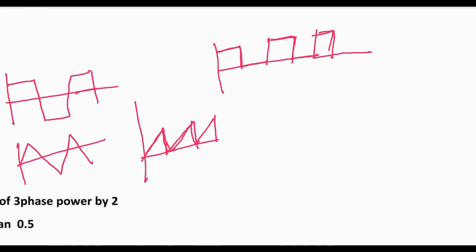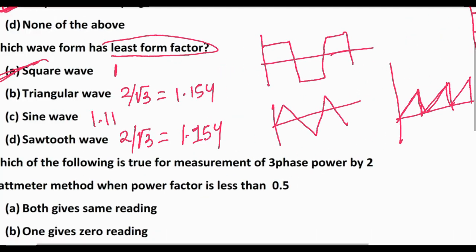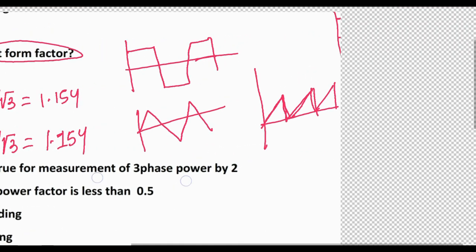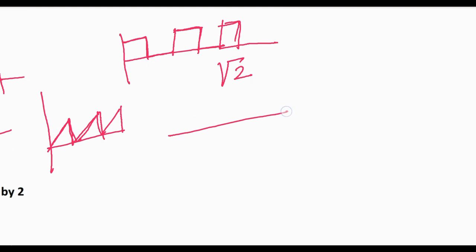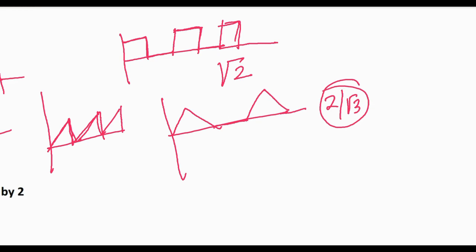This has the form factor of √2, but in case of an unsymmetrical triangular wave like this, it has the same 2 by √3. The form factor will be the same in case of unsymmetrical triangular waves.